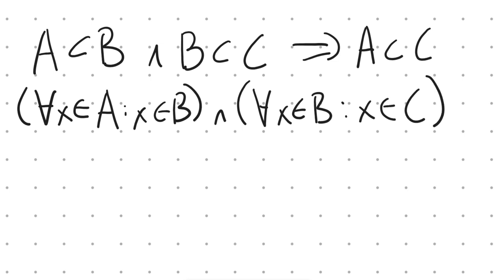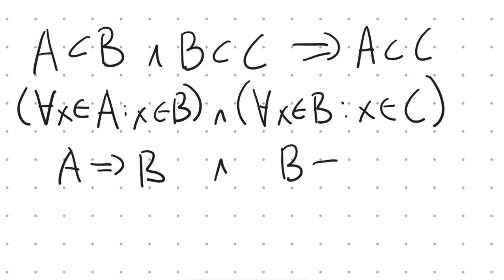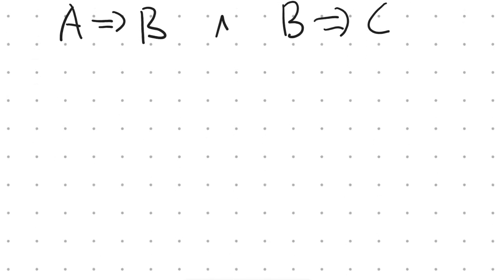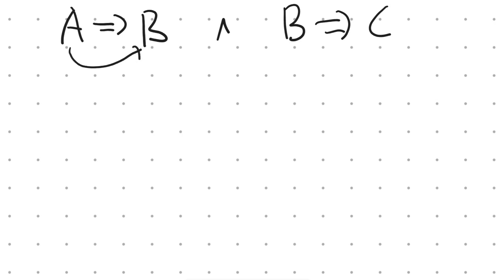Now, how can we imply that A is a subset of C? Well, we can prove by contradiction, which is also common, but I'm just going to prove it directly. Now, if x is in A and it implies that x is in B, then we can say that A implies B. And if x is in B, that implies that x is in C, then we can say that B implies C. And we can logically say that if A implies B and B implies C, which is just like having a function and having another function.